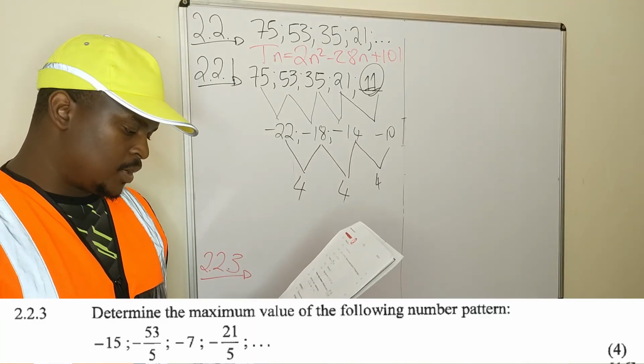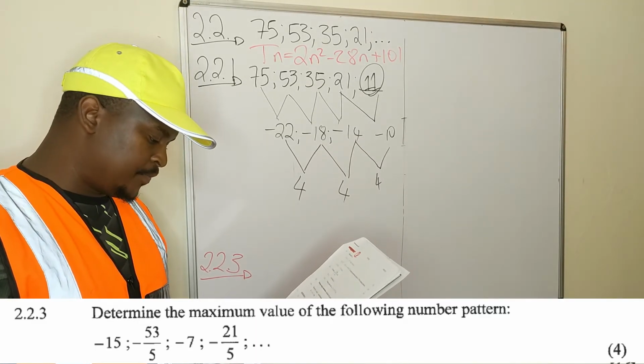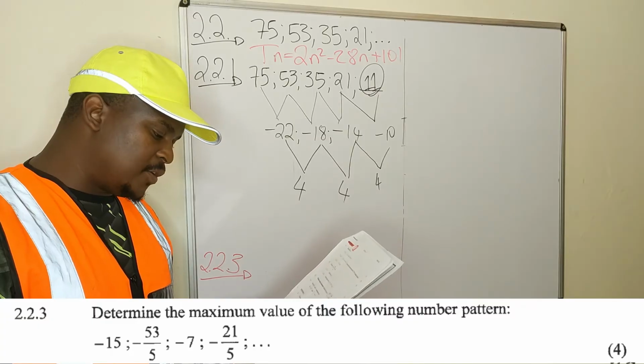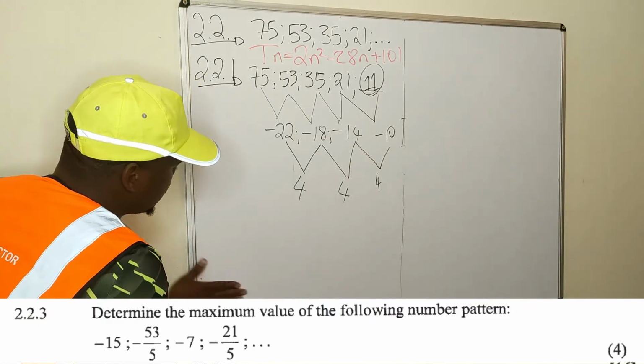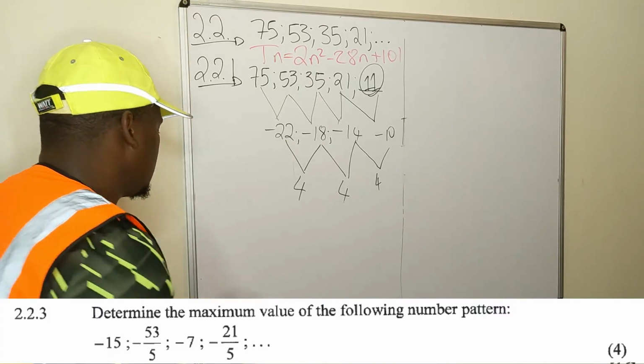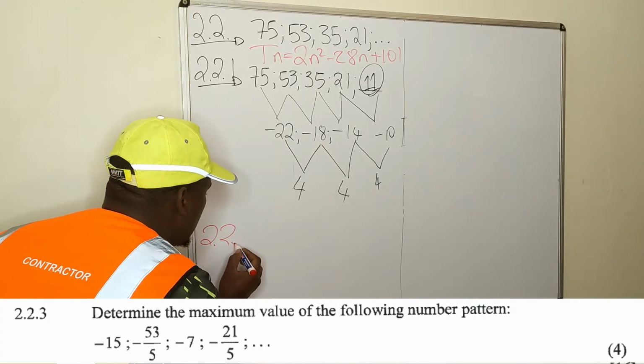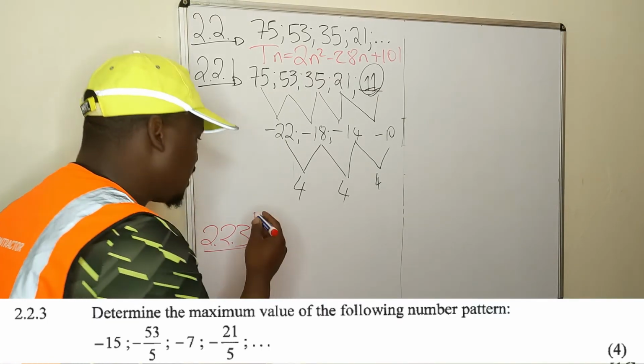2.2.3. Determine the maximum value of the following pattern. So you are given a pattern. They want you to find the maximum value of this pattern. So I'll write the pattern down.